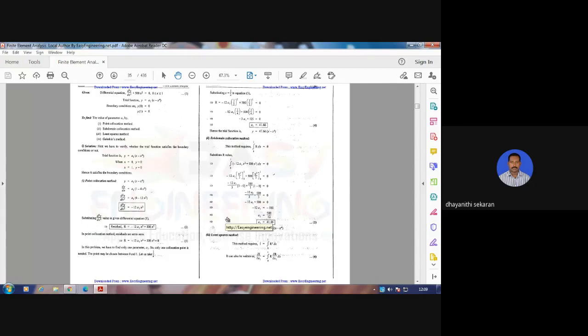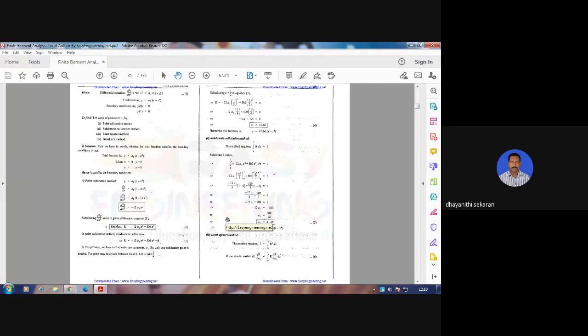So substitute this d squared y by dx squared value into the main equation to get the residue: minus 12 a1 x squared plus 500 x squared equals the residue. In point collocation method the residue should be 0, with x from 0 to 1.